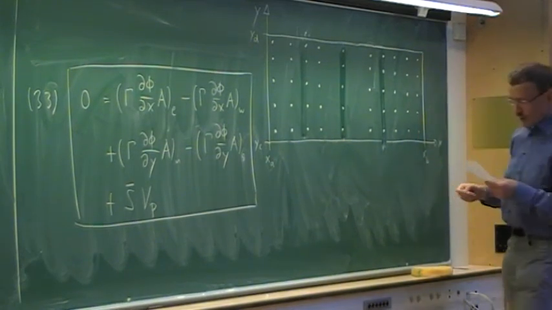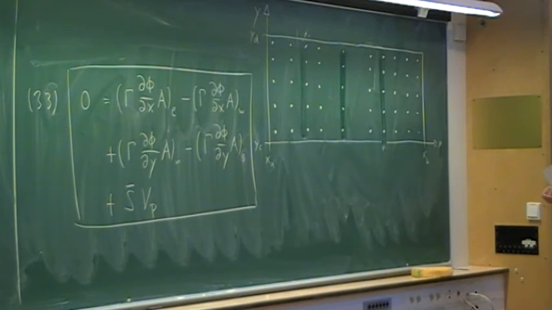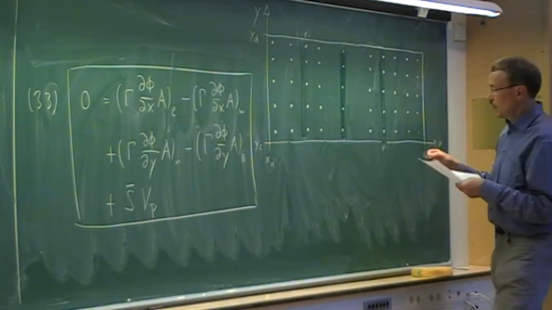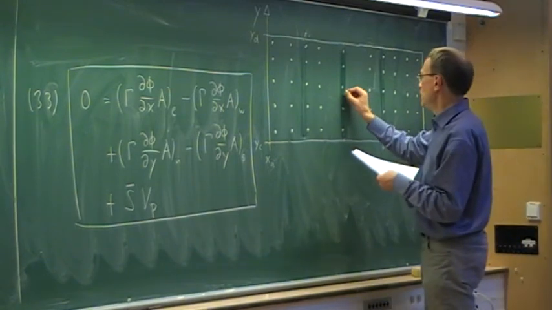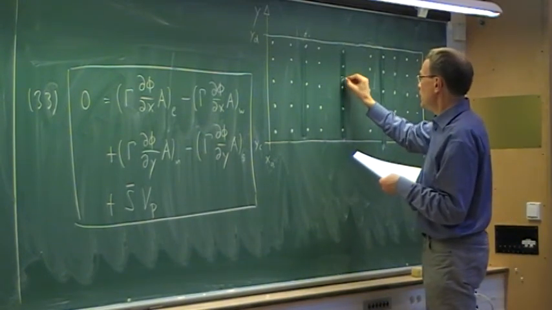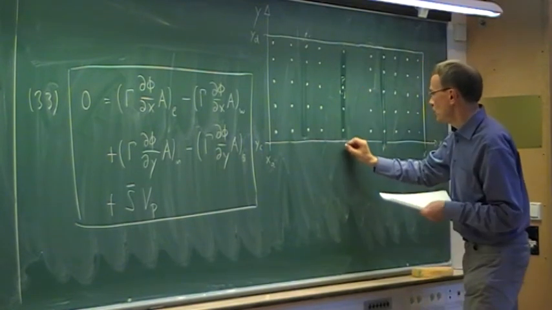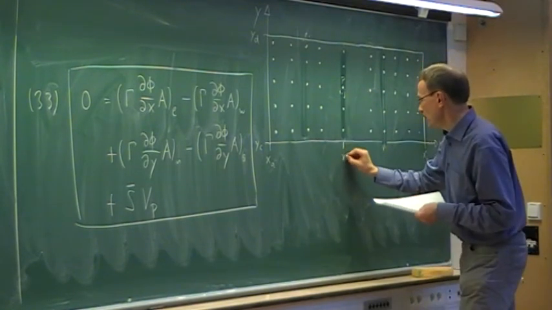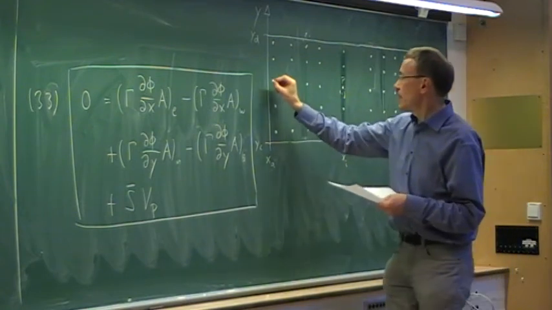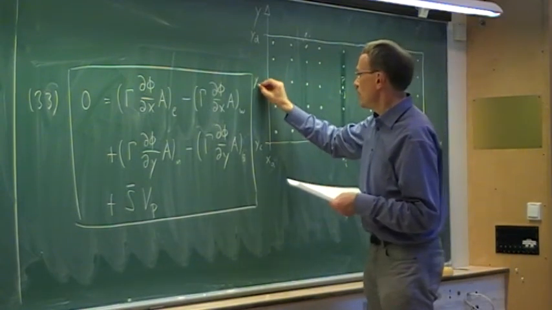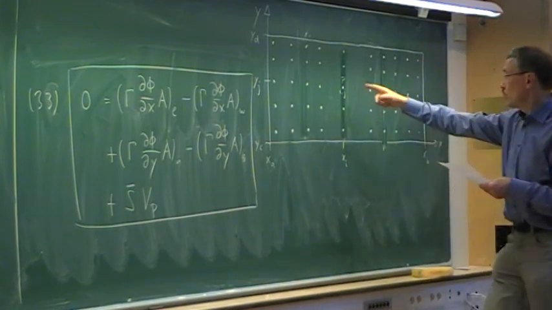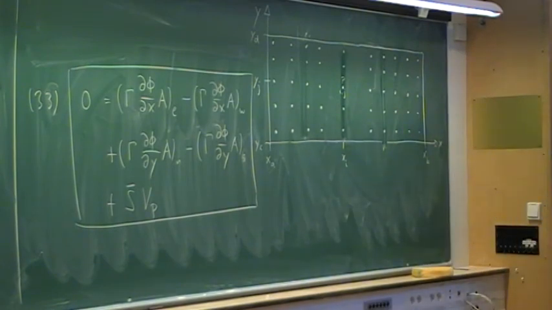Now we assume that these are our grid points, and for example, if we say this is the P, or the ij, then this location would be the x_i, and this location would be the y_j. That would identify this grid point ij.